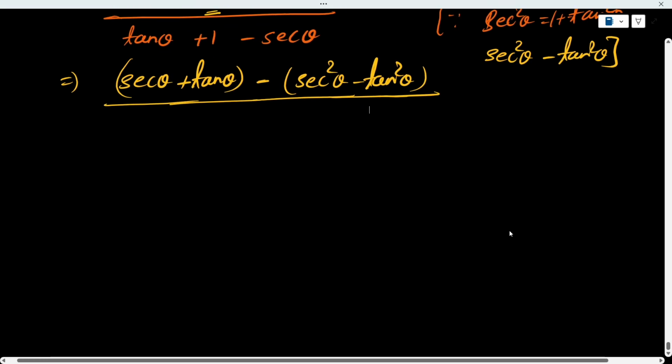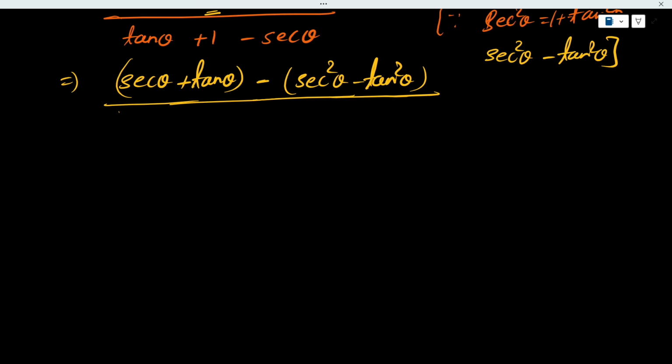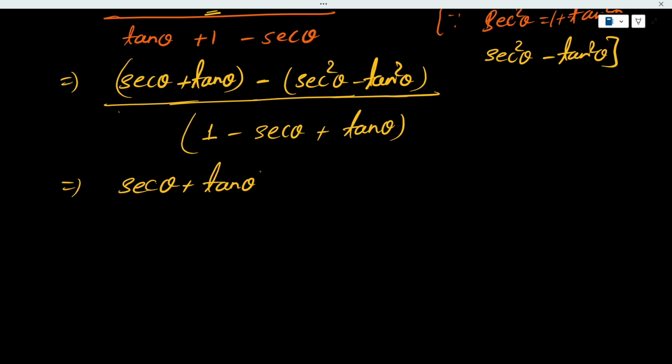Because you will see that a plus b, a minus b will be in the form of sec theta then tan theta. In the denominator, you don't substitute any identity; write it as it is, 1 minus sec theta plus tan theta.